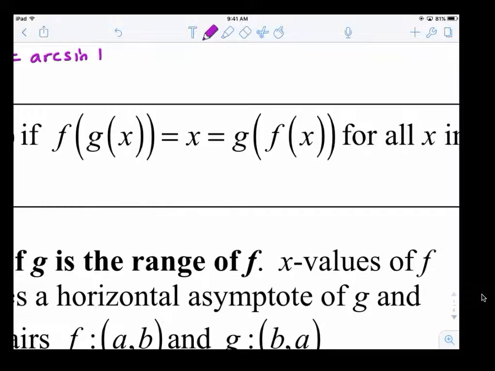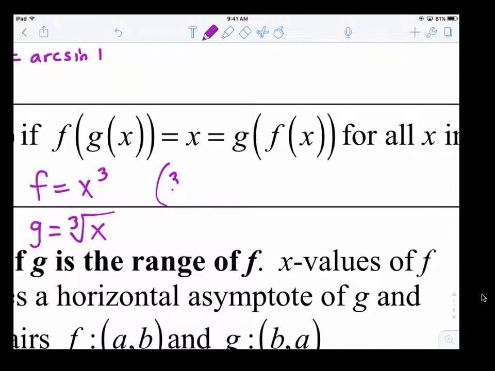So if f was x cubed, and g was the cube root of x, and I compose these two, I plug the cube root of x into x cubed.